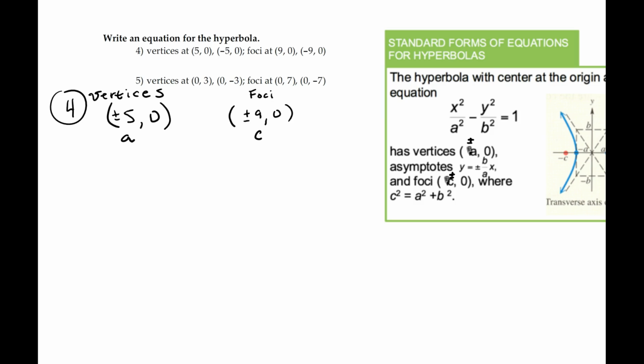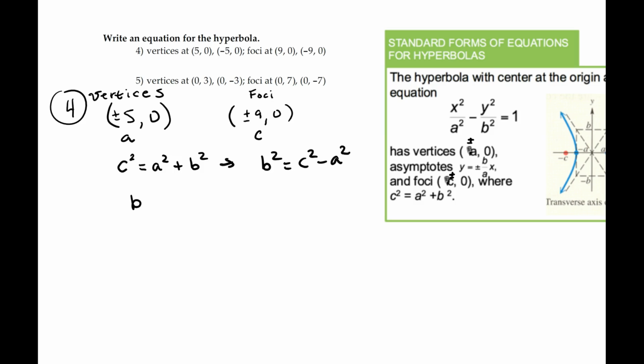So that's not terribly difficult. This is found through the Pythagorean theorem. So if A is 5 and C is 9, we could say C squared equals A squared plus B squared. So B squared will equal C squared minus A squared.